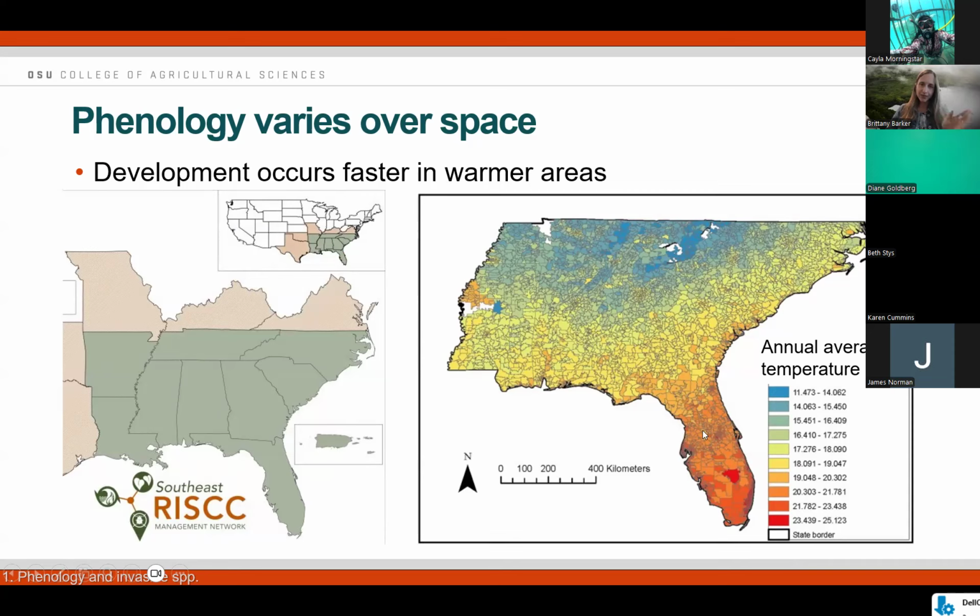I couldn't find one that perfectly overlapped, but you can see in Florida, average annual temperature tends to be hottest compared to up here, where we're getting into North Carolina. And I believe this is the southern part of the range of the Appalachian Mountains where it's more blue, so temperatures are cooler. So you would expect a pest that occurs across this entire range would exhibit faster development in Florida, assuming that the phenology is only driven by temperature.